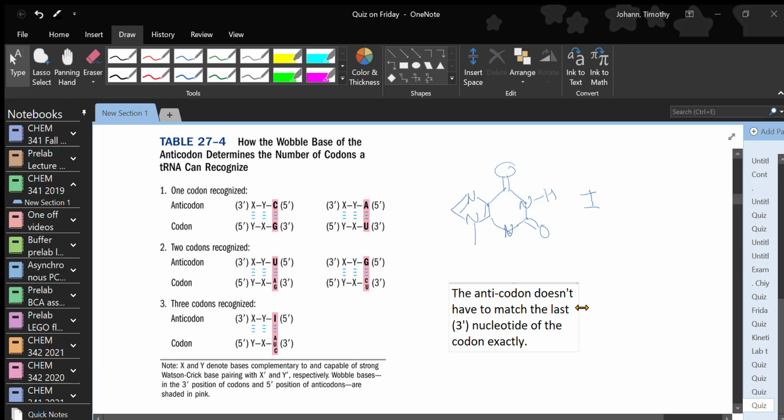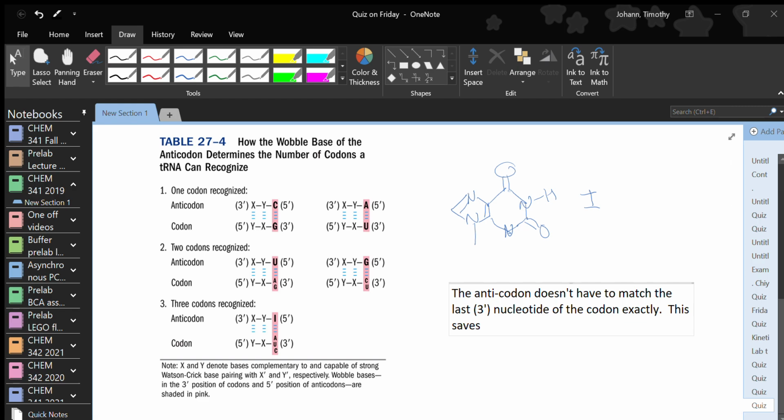So we don't need to exactly match that. And what this does is this saves the number of tRNAs that need to be synthesized to cover all the amino acids.